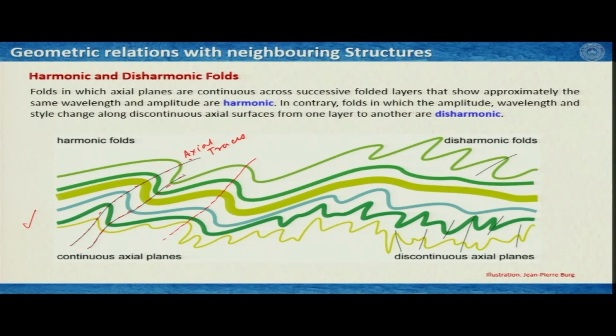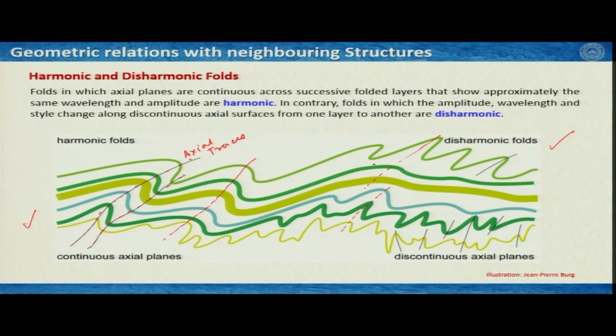However, in contrast, folds in which the amplitude, wavelength and style of the folded layers change along discontinuous axial surfaces from one layer to another are disharmonic folds, as you can see here on the right side of this illustration. You cannot connect them. You can connect these three, but then it breaks here.